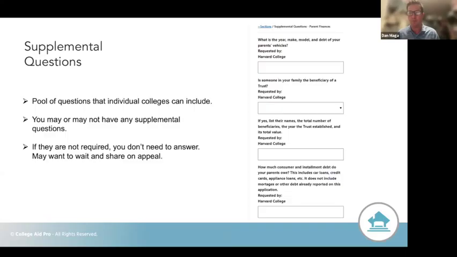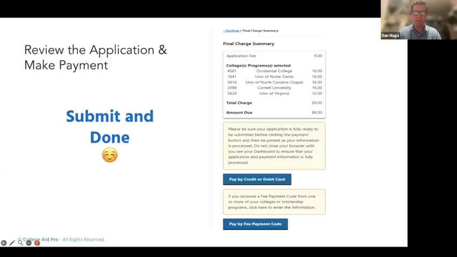So for the most part, you can probably just skip over these. The only ones that I tend to answer is some of these schools ask, is someone in your family the beneficiary of a trust, or questions along those lines. And I would just say no, if it's not the case. But for these other ones, you can go ahead and skip them. Like I said, it's pretty rare that you see a supplemental question that they require you to answer.